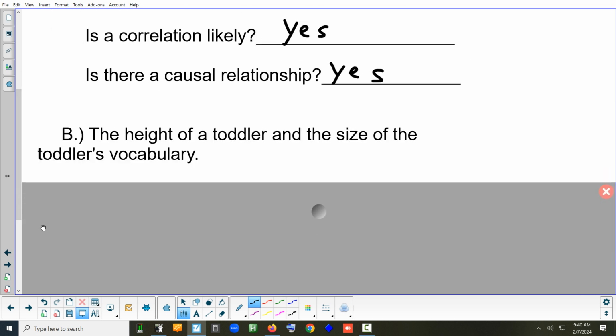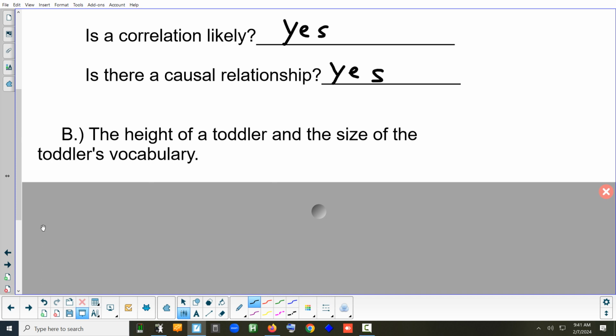All right, how about this one? The height of a toddler and the size of their vocabulary. No, I don't think there'd be any connection at all. How tall a toddler is isn't necessarily the number of words they know. You might have a toddler that grows faster and a toddler that grows slower. Some people grow at different rates.